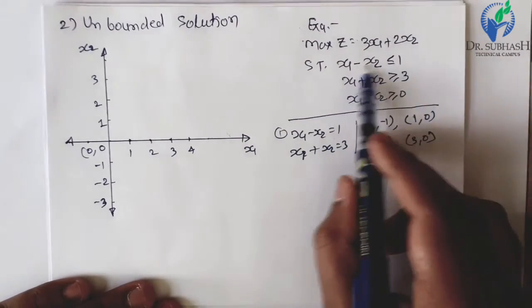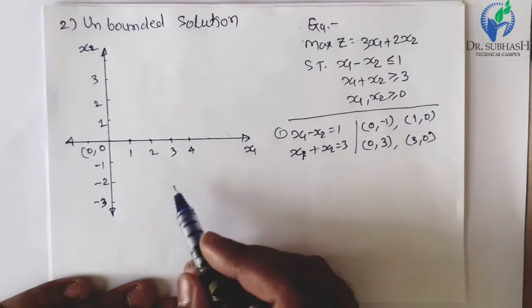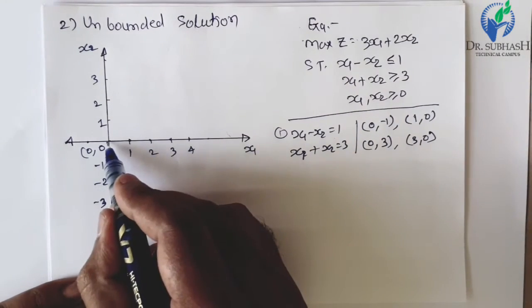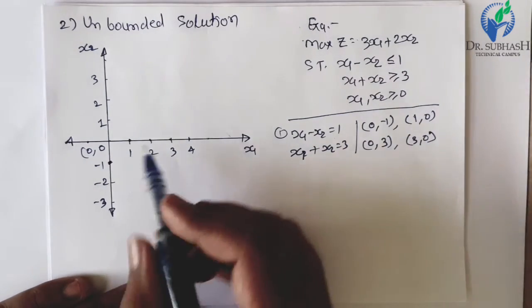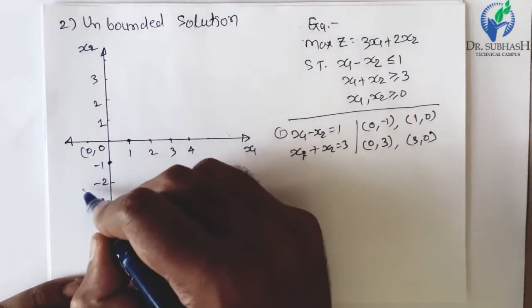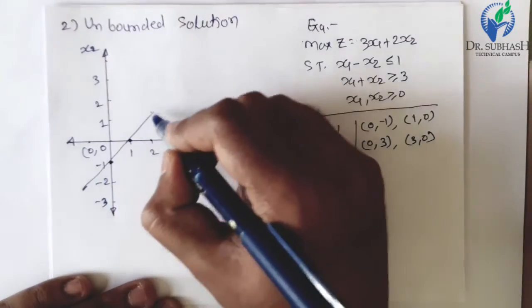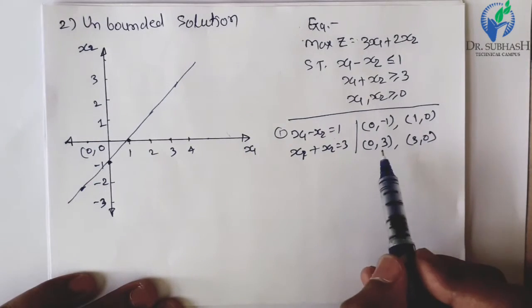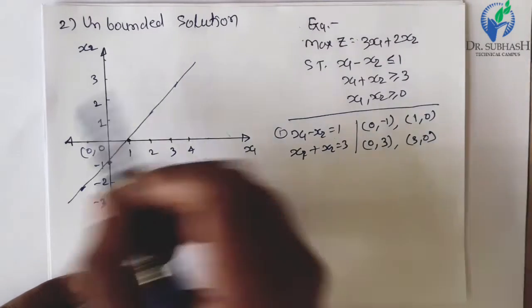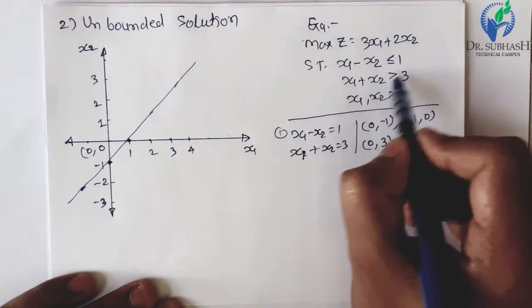Now let's try to plot the graph for constraint number 1, which is x1 minus x2 less than or equal to 1. So it is 0, minus 1, so the value of x1 is 0 here, x2 is minus 1, so this is this point, and another point is 1, 0. So the line passes through both of these. And in this case, for the upward area or downward area, consider the sign, which is less than or equal to.